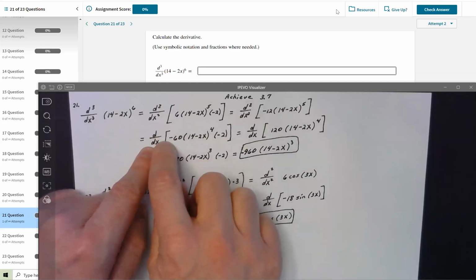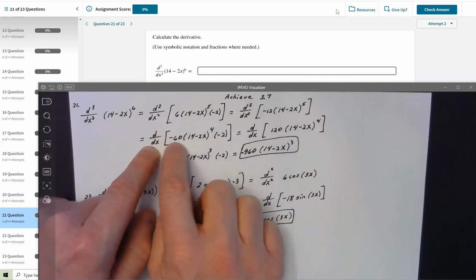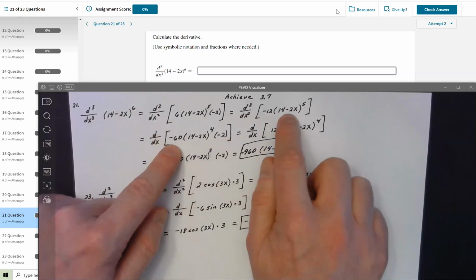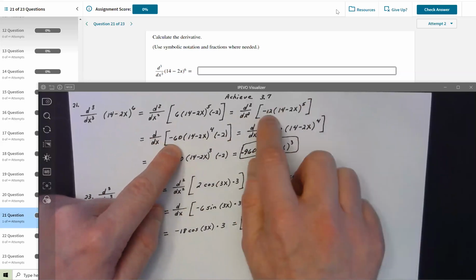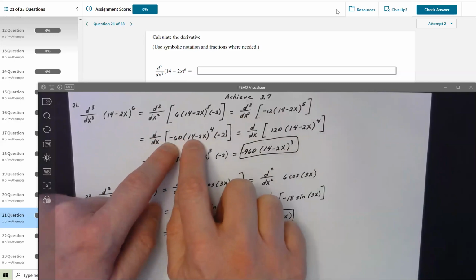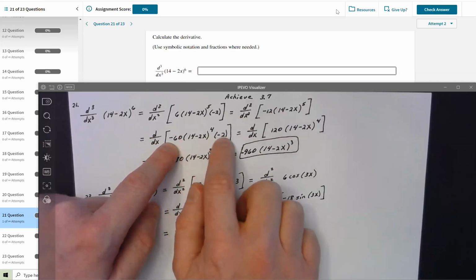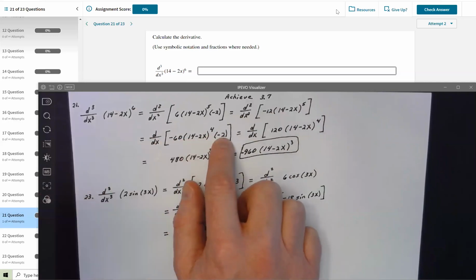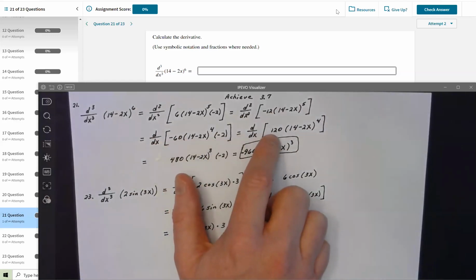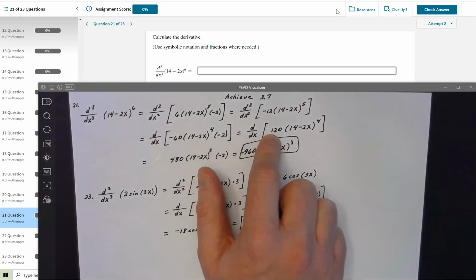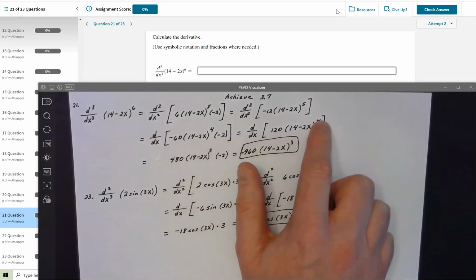This is telling me I need to take the derivative one more time of the expression, that's the derivative of this expression, which would give me 5 times negative 12 is negative 60, times our group to the fourth, times the derivative of the inside again, which is negative 2. Now I know negative 60 times negative 2 is going to be a positive 120 here, times the group to the fourth power.